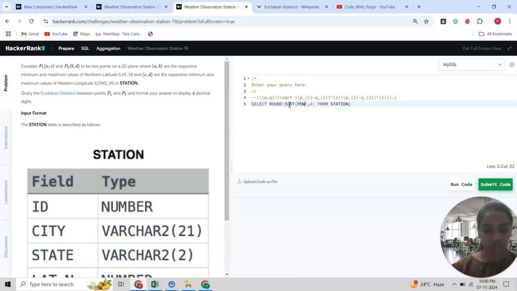So POWER, up to 2. What to power? So max of northern latitude, LAT_N, minus mean of latitude north.